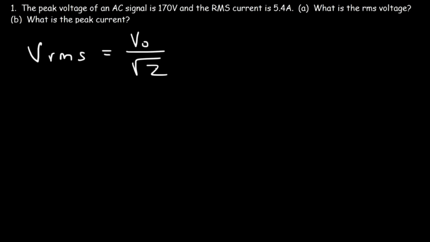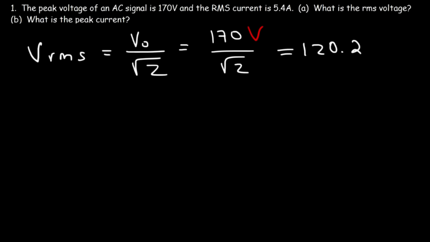The peak voltage is greater than the RMS voltage, and that's always going to be the case. So it's 170 volts divided by root 2. So this is equal to 120.2 volts.